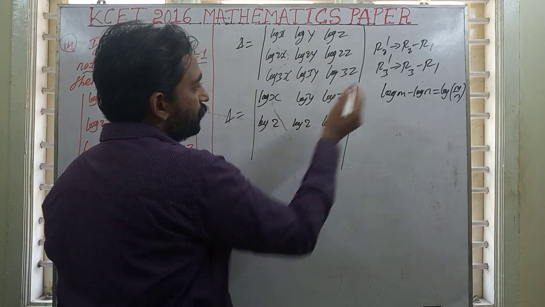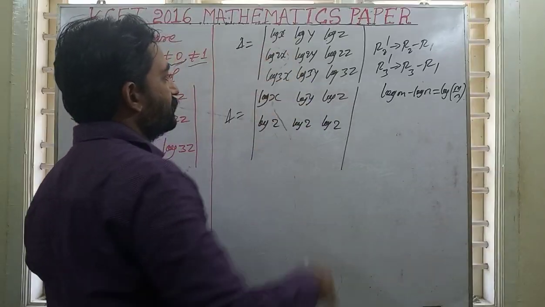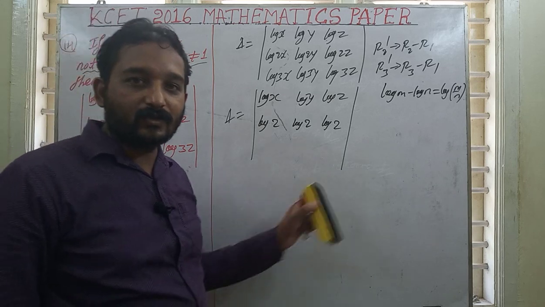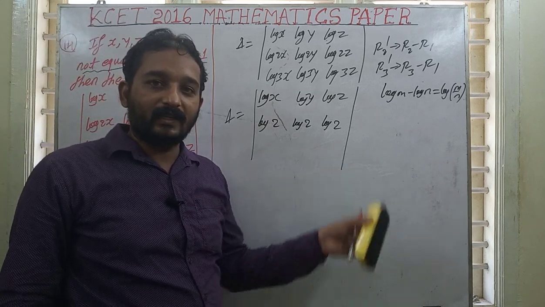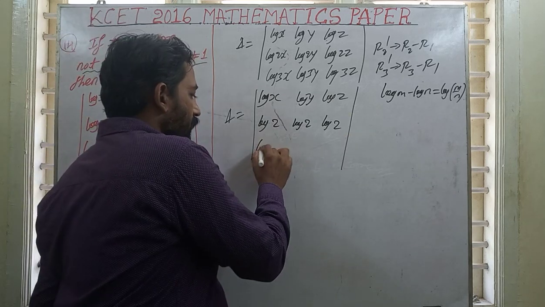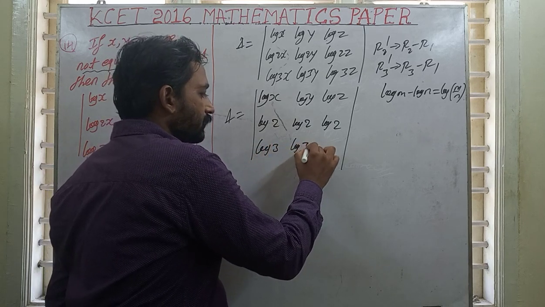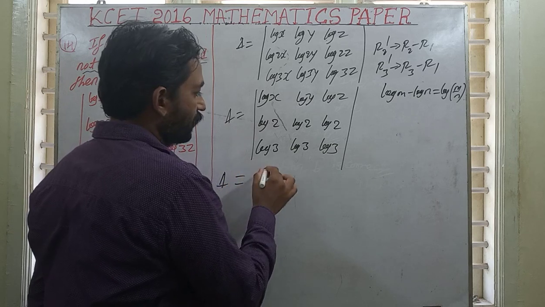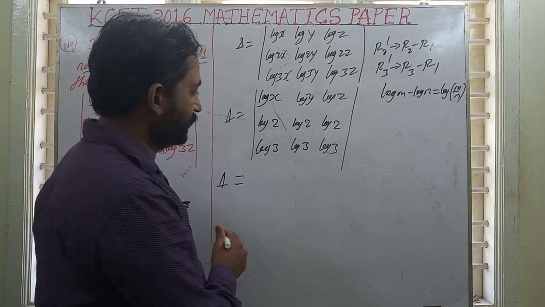Similarly row 3 minus row 1: 3x by x, x gets cancelled, remaining log 3. So the last row becomes log 3, log 3, log 3. So now in this case the second row and third row have a common term, take it outside.